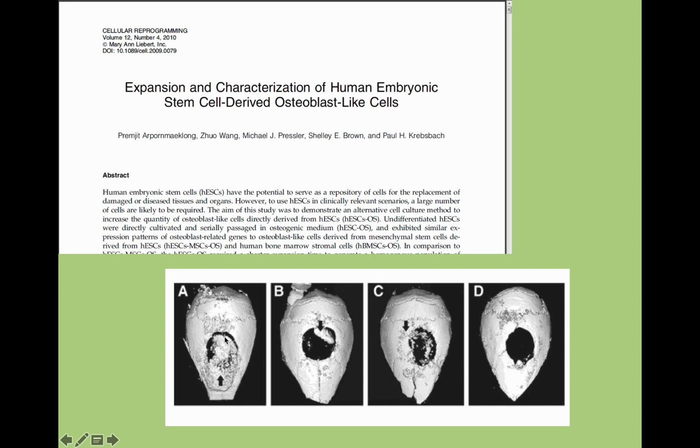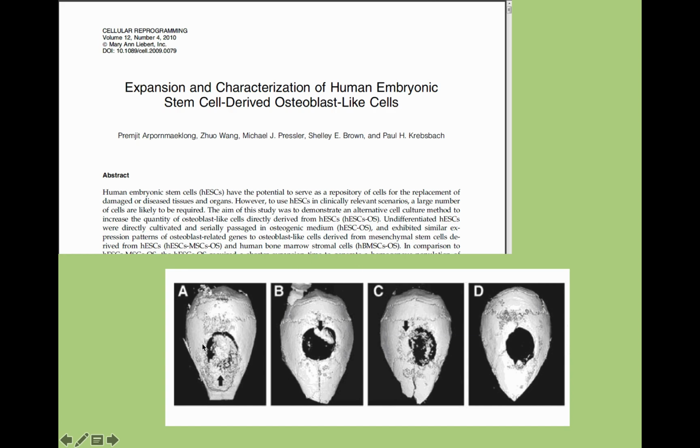So we seed these osteoblasts from embryonic stem cells onto these little sponge-like scaffolds, and we insert them into these defects. We sew up the rat, and we harvest them after 8 weeks, and we look for mineralization using an X-ray. So here you can see that there's some mineralization in A, B, and C. D is a control where it's just the defect in the scaffold and there's no cells.